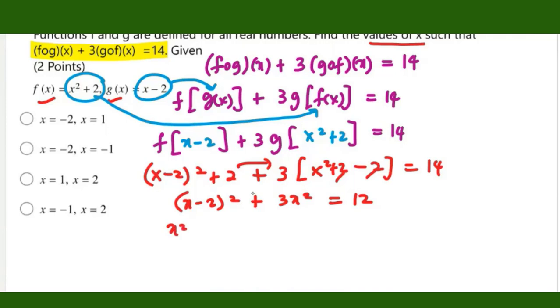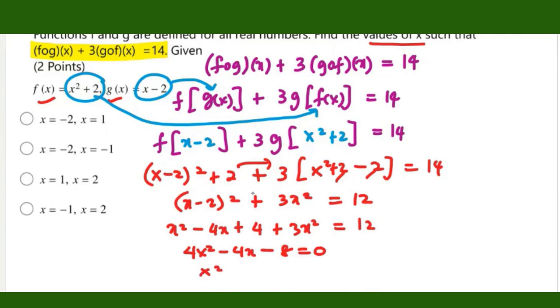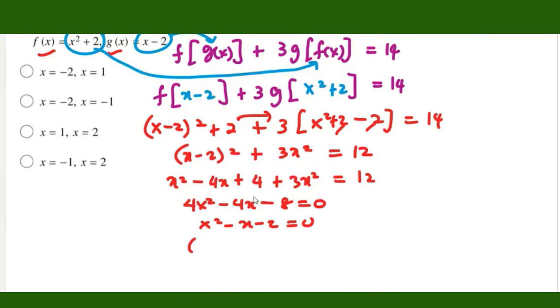Now simplify this: x squared minus 4x plus 4 plus 3x squared equals 12, and finally having it as 4x squared minus 4x minus 8 equals 0. So factorizing this into a simpler quadratic of x squared minus x minus 2, which later can be factorized into 2 linear factors, x plus 1 and x minus 2, and finally having our answer of x as negative 1 and x as 2. So the answer should be this.